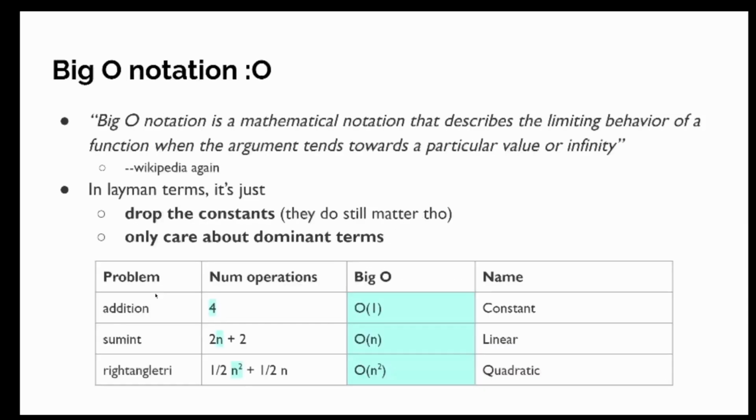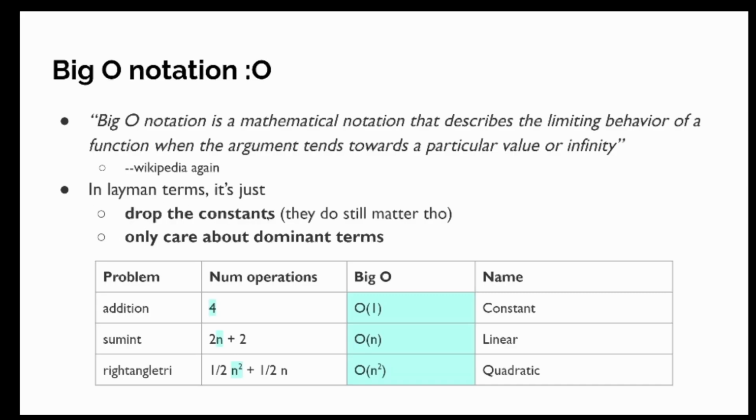And so we introduce big O notation. What is big O notation? It's a mathematical notation that describes the limiting behavior of a function when the argument tends towards a particular value or infinity. I don't understand what that means either, but in layman's terms, it just drops the constants.